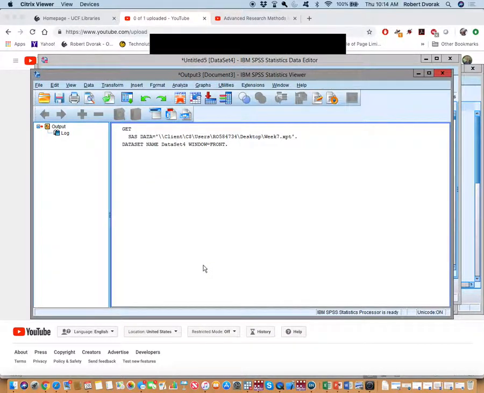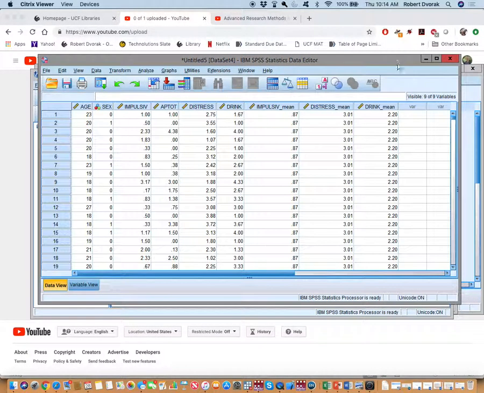And we hit OK. And if we flip over to our data set, we now have these mean levels of our variables. Now, if we're planning on adding age and sex in there, we should also add those in as at least centering those, right? Should we center both of those?